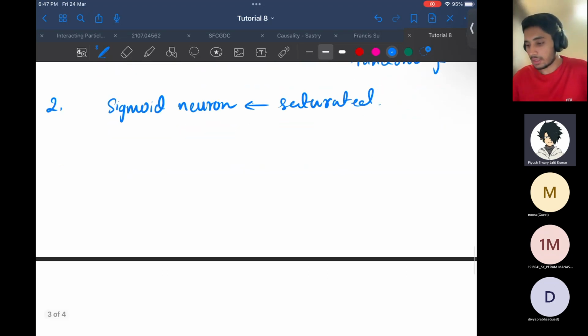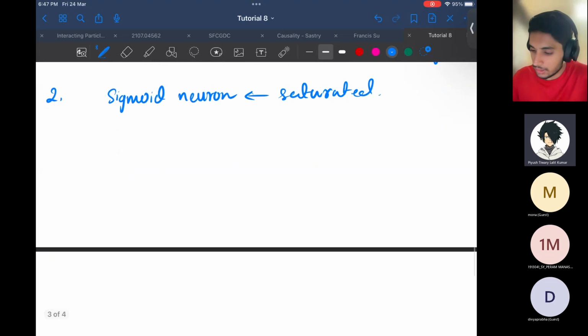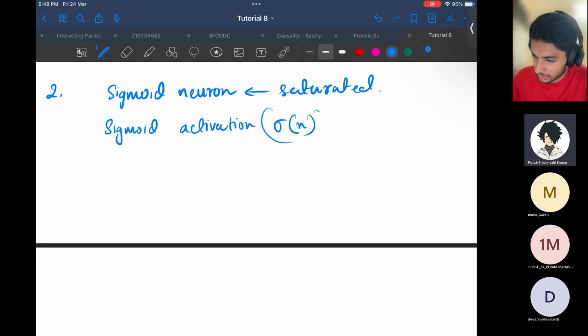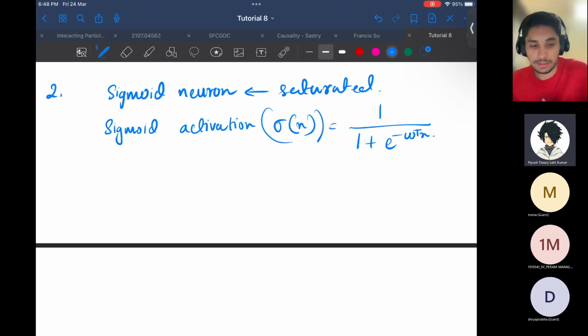Well, what does this even mean? I hope you remember the sigmoid activation function, sigmoid of x, which was 1 over 1 plus e raised to minus w transpose x, something like this.